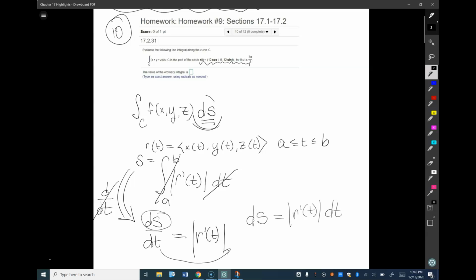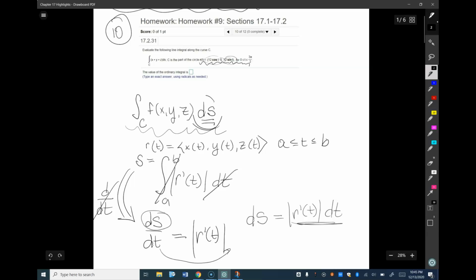That's going to be very helpful because the information that we have given right now is r of t. We have a function in terms of x, y, z that we want to integrate over. But we can't mix x's, y's, and z's with t's. But what our vector valued function gives us here is a representation for x, y, and z in terms of t.